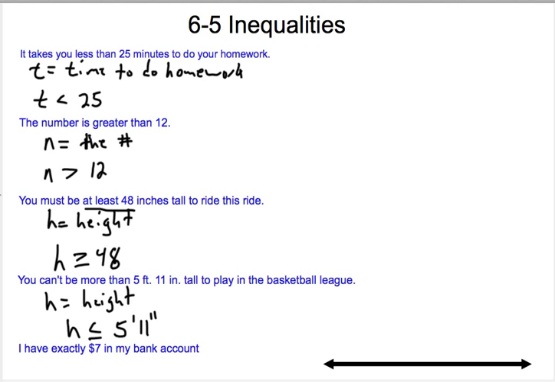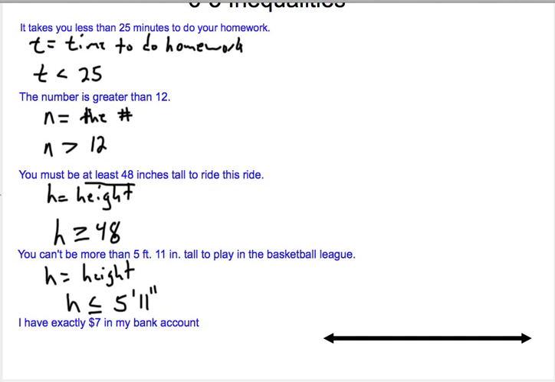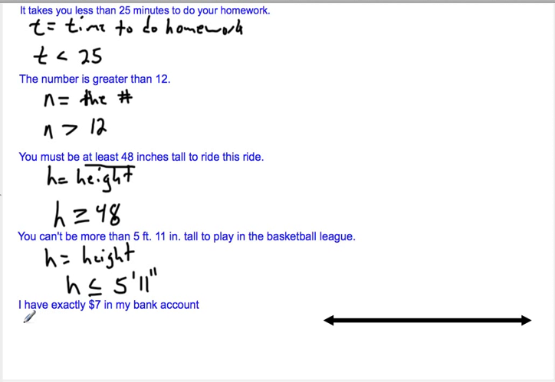And then for this last thing here, just to start off with something before we start graphing these, if you have exactly $7 in your bank account, we call M equals the money in your bank account, and we would say M equals 7. Now to graph M equals 7, it's pretty simple.